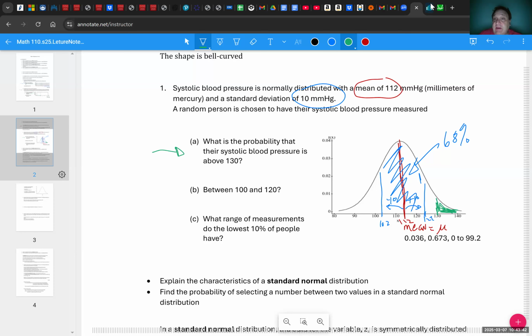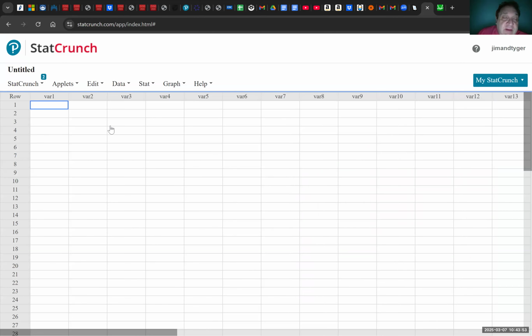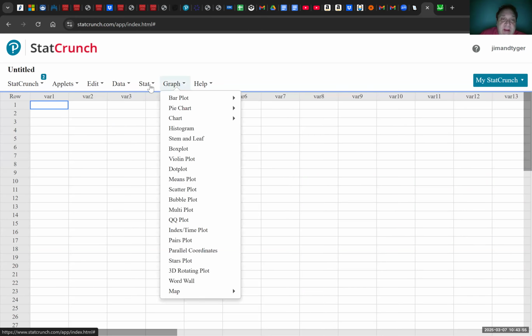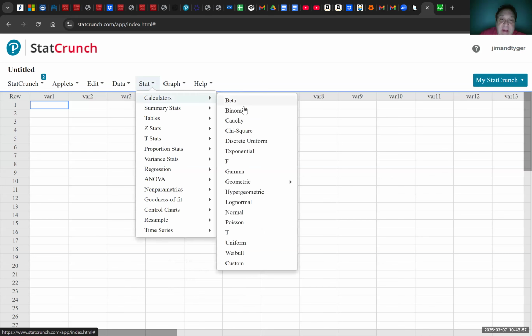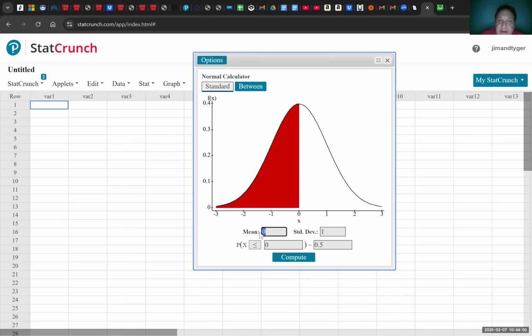So let's go back to our StatCrunch. We have to know the mean and standard deviation, 112 and 10, but we do know those. So I'll go over here. I'm going to hide this, and I'll go to stat, calculator, and normal is for n. And I'm going to have to tell it the mean, which is 112.